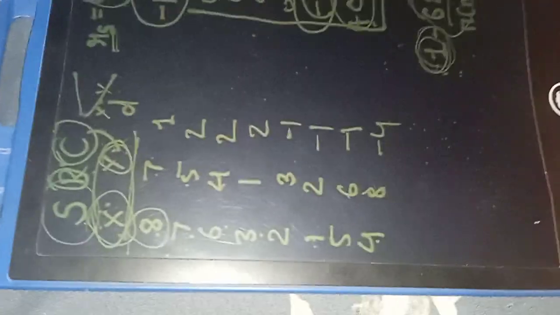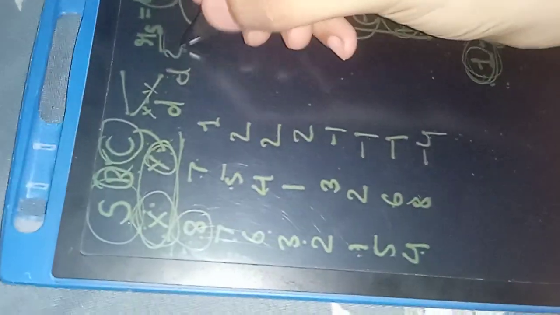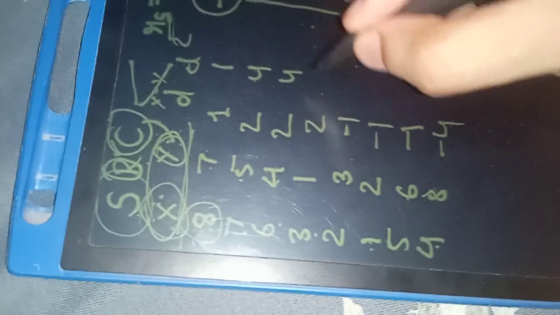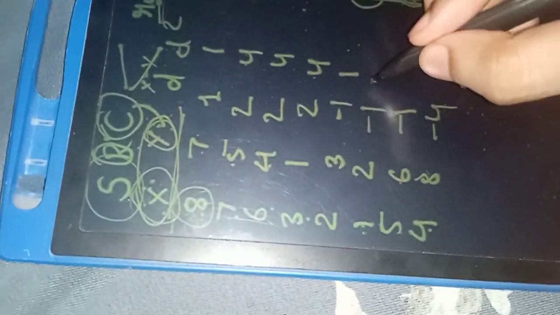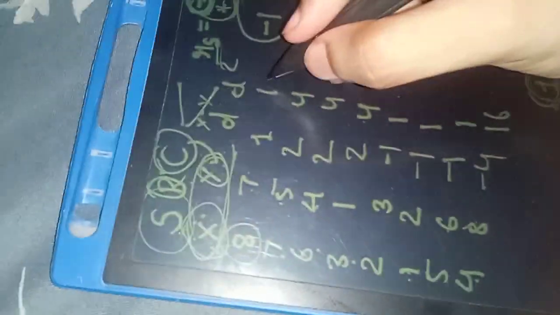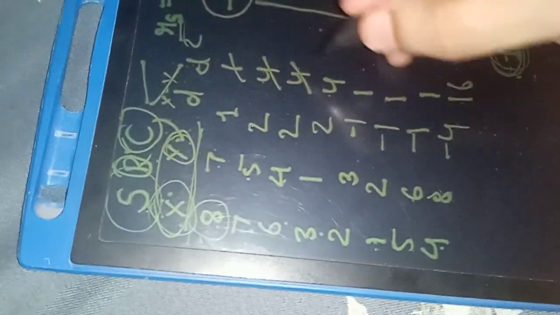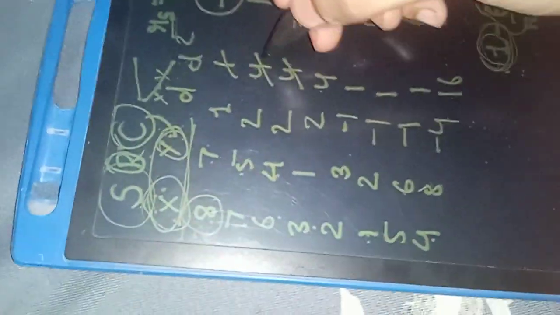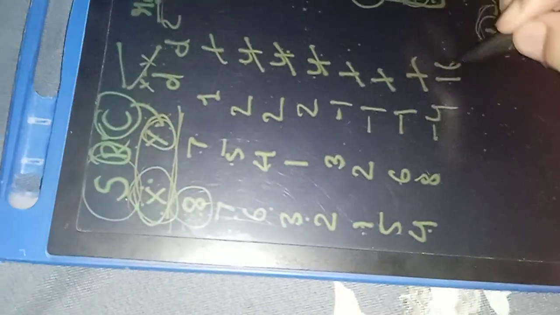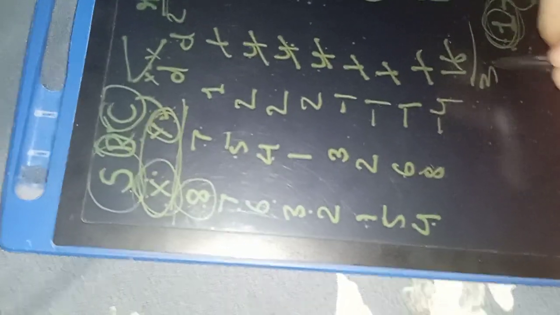Now do the squaring. D square: 1, 4, 4, 4, 1, 1, 1, 16. Now add it: 1, 5, 9, 13, 14, 15, 16, and 16 more, it becomes 32.